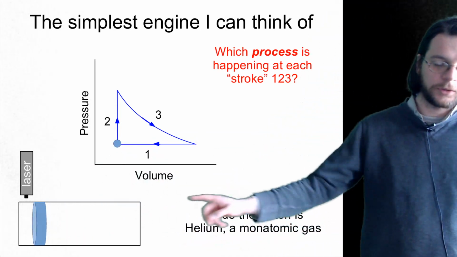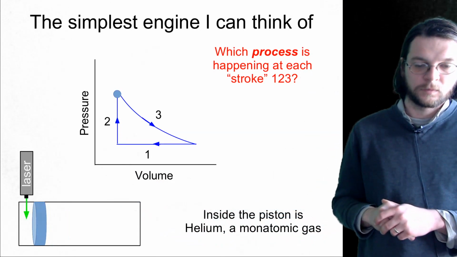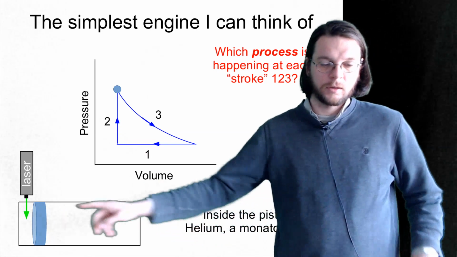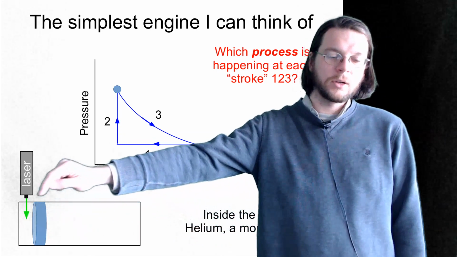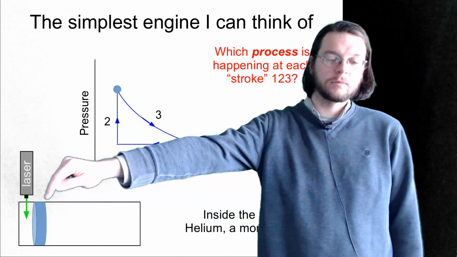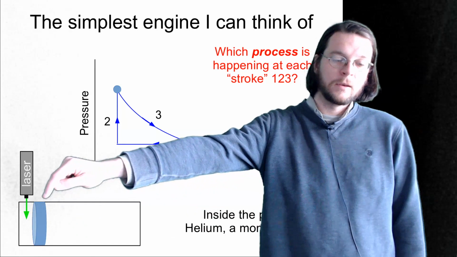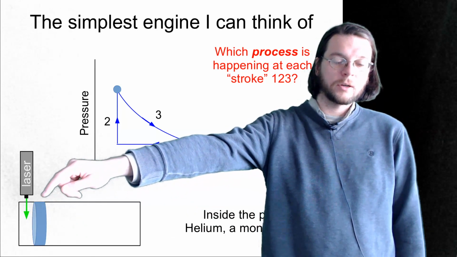And then we're going to turn on the laser, like that, and that's going to heat up the gas inside of this thing. But while the laser is on, we have a pin here that's holding this plunger on. And so we've increased the pressure there.